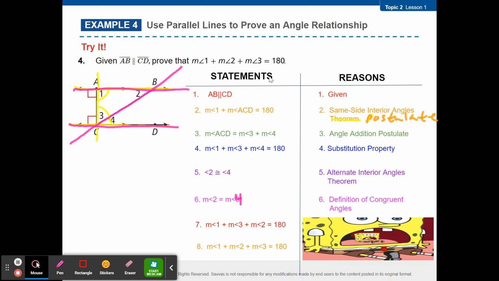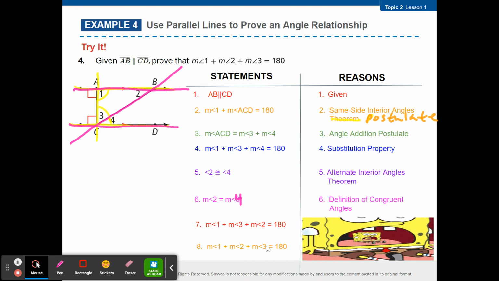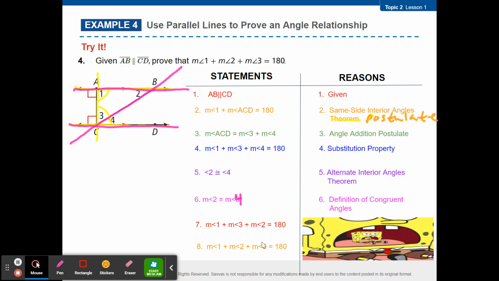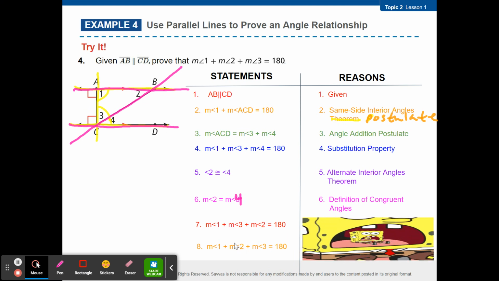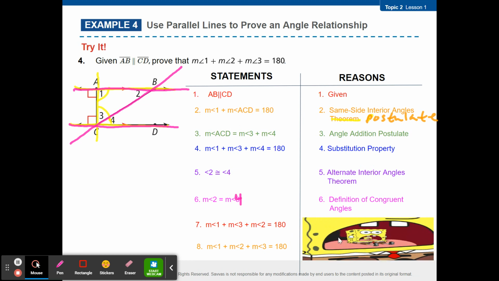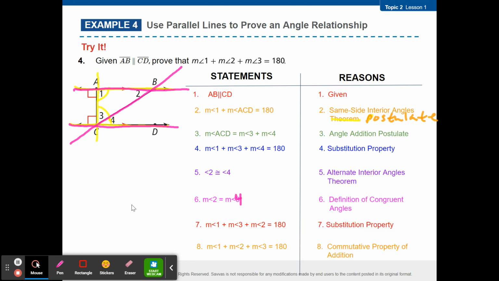That means 2 has to come before 3. It has to go in numerical order. It is not symmetric property here, though, because we are not dealing with a flip around the equal sign. It's not transitive. It's something you probably haven't seen in a while, so I'm going to give it to you guys. It's the commutative property of addition.